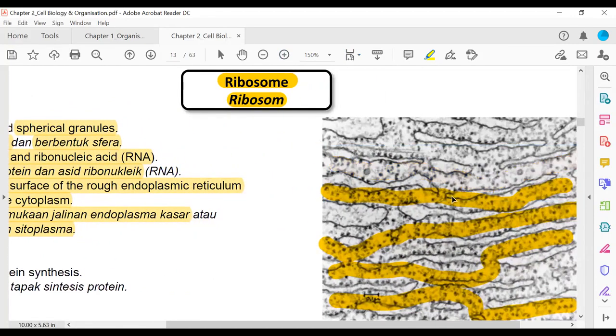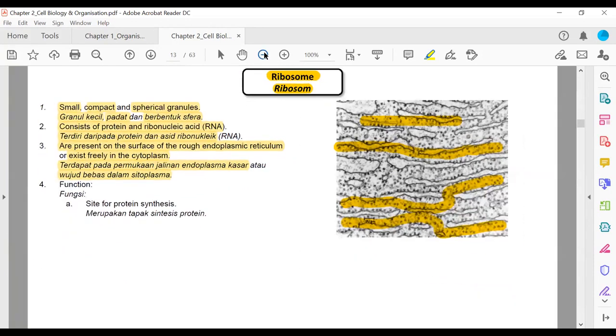So, yang ini ialah RER, rough endoplasmic reticulum, semua ni, okay? Dan di atas dia ada bintik-bintik hitam ini. So, bintik-bintik hitam ini, these dots are ribosomes. So, ribosome ada di dua tempat.